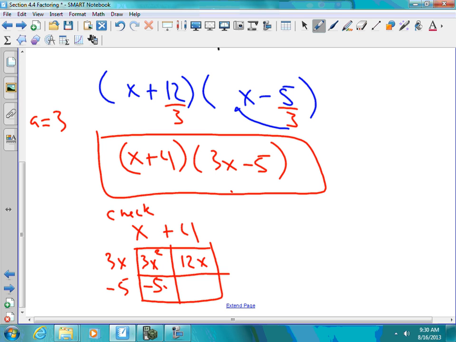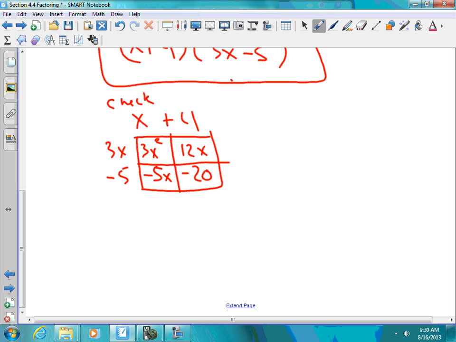You want to master this. Don't be like I was when I was in high school, and I just said, oh yeah, I must be right, and hurried through this stuff and didn't check it. And I knew what I was doing, but I'd always get a couple wrong on my quizzes and my tests because I went too fast. So make sure you're slowing down and you're checking your work.